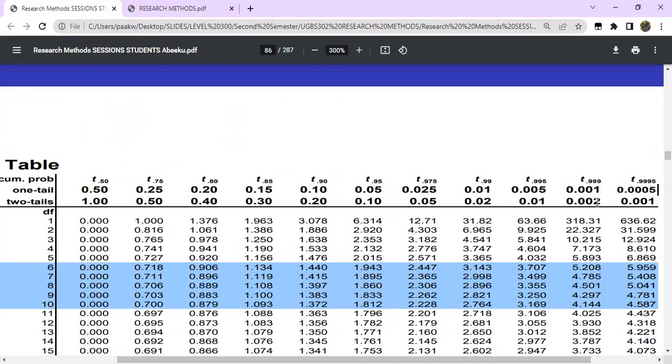Are you picking this one or this? I'll pick 0.002. Oh, this 0.002 here is for two tails.